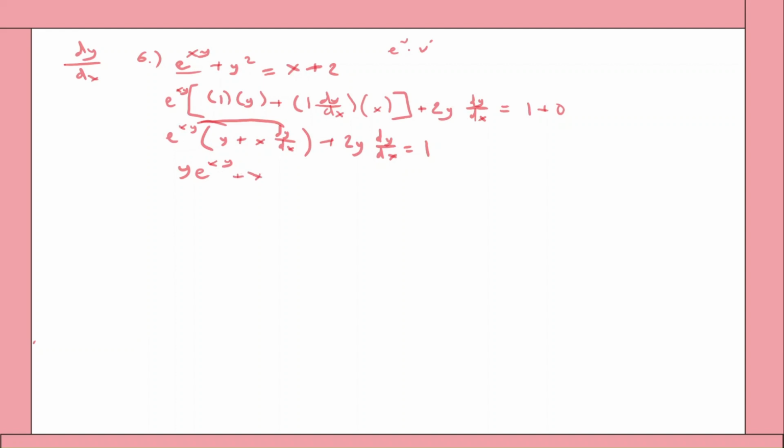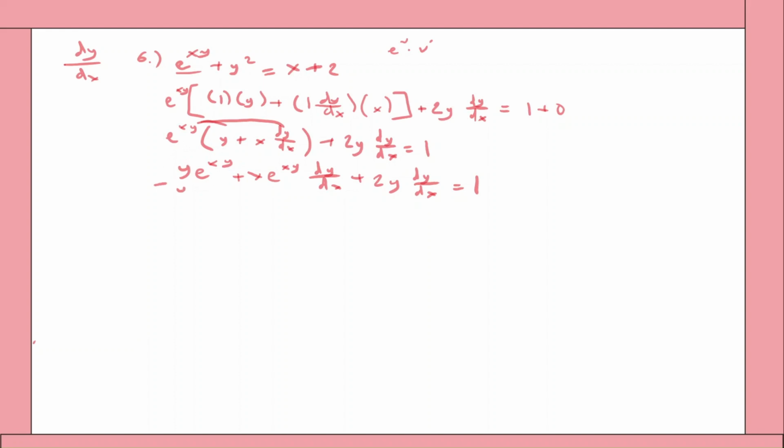Remember, we do want to keep whatever sign we had here, so x and then e to the xy, the same thing, but then we're just going to add on this dy dx because we're still multiplying it by this x. And then of course we still have this 2y dy over dx, and this is still equal to the 1. Now we just have to do what we've already been doing. We already know that when we have a bunch of dy dx's, we subtract whatever doesn't have a dy dx. And the only thing that doesn't have that is this one right here.